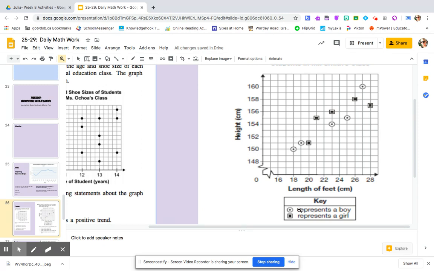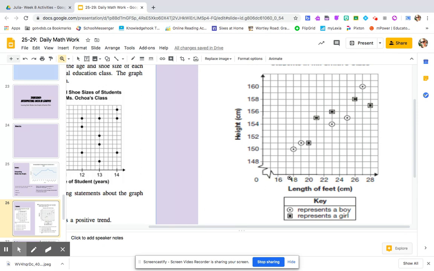You can see that they have a key where the circles with the dot in the middle represent a boy's foot, and the squares represent a girl's foot. So we can see just two different pieces of data there. And each of the points on this graph represents a different person. So for this one, we have 1, 2, 3, 4, 5, 6, 7, 8, 9, 10. 10 different people's foot length and height plotted on our scatter plot.